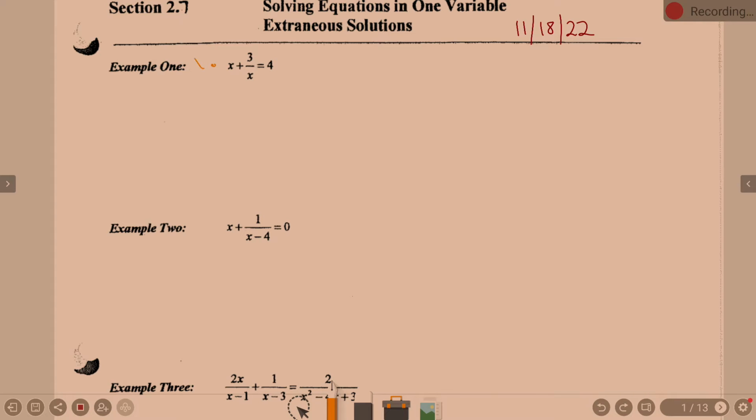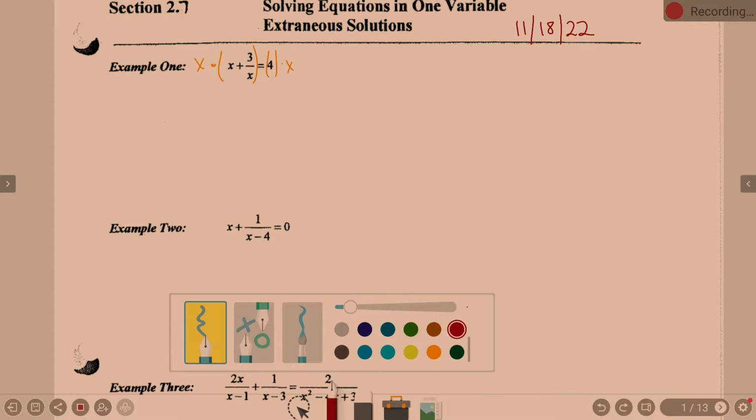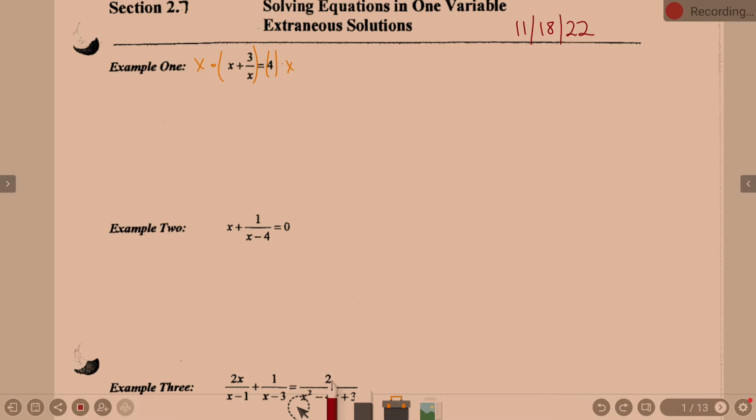So I'm going to multiply my left side of my equation by x and my right side of my equation by x. On the left side, we know to distribute. x times x is going to be x squared plus 3 over x times x.